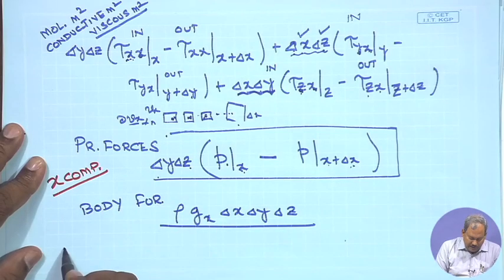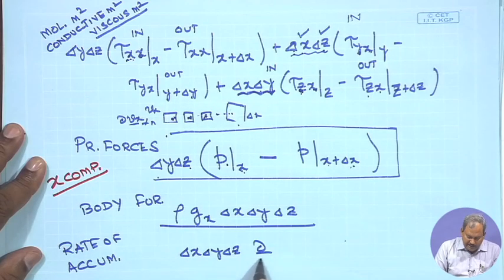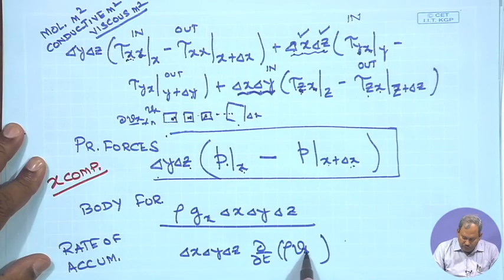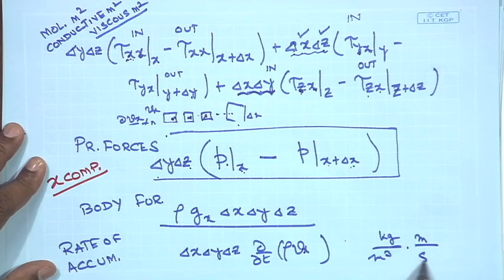and the rate of accumulation of momentum inside the control volume would simply be del x del y del z and del t of rho Vx. So, rho would be equal to kg per meter cube, Vx is meter per second.